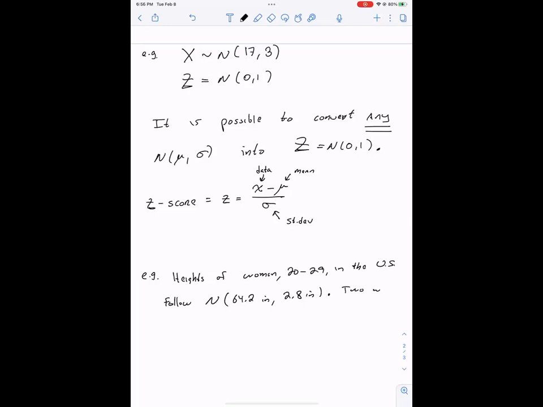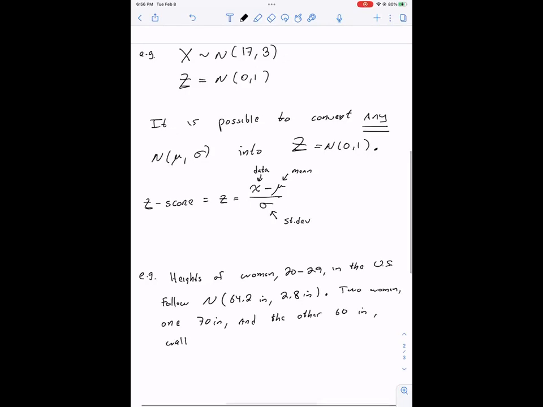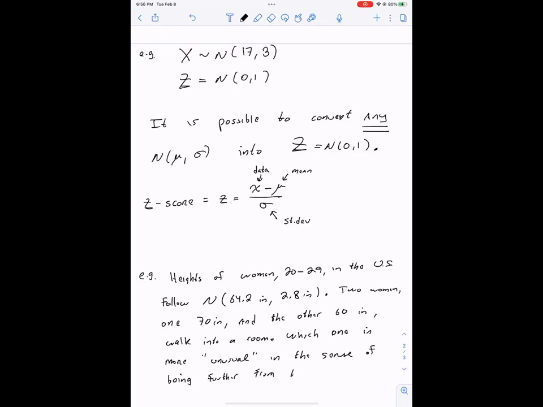Two women, one 70 inches and the other 60 inches, walk into a room. Which one is more unusual in the sense of being further from the mean?